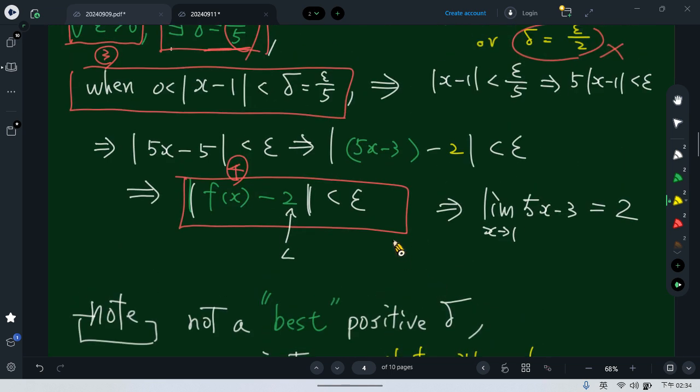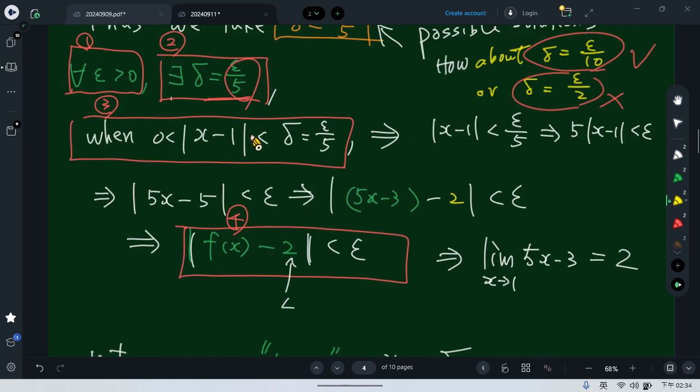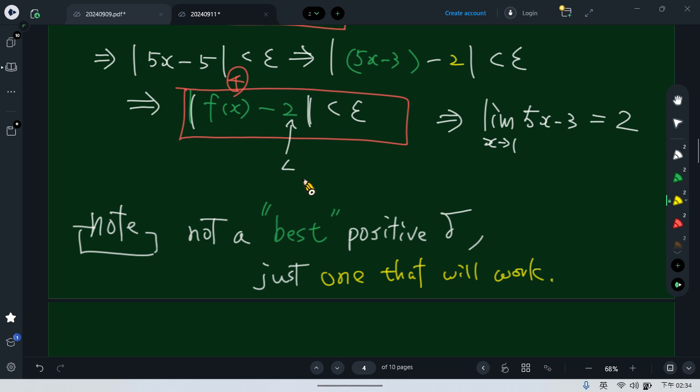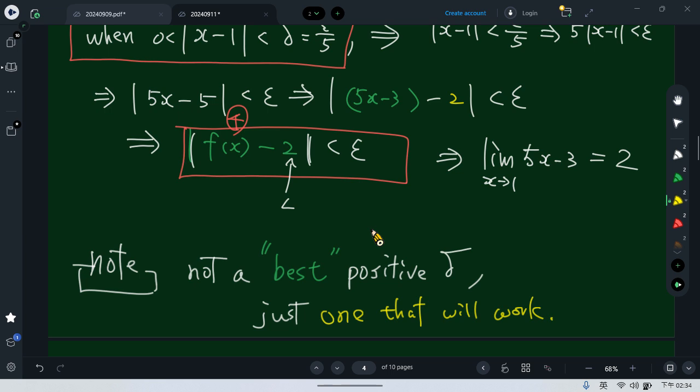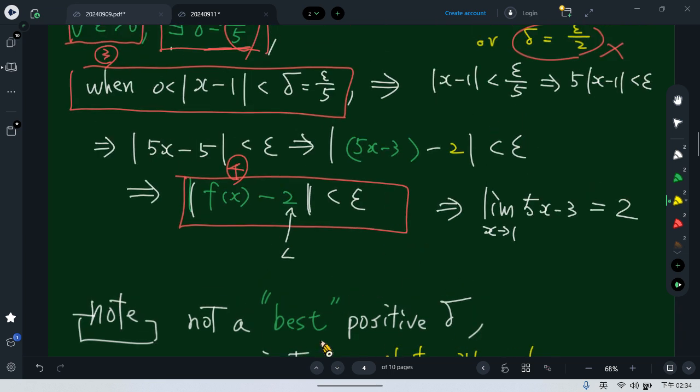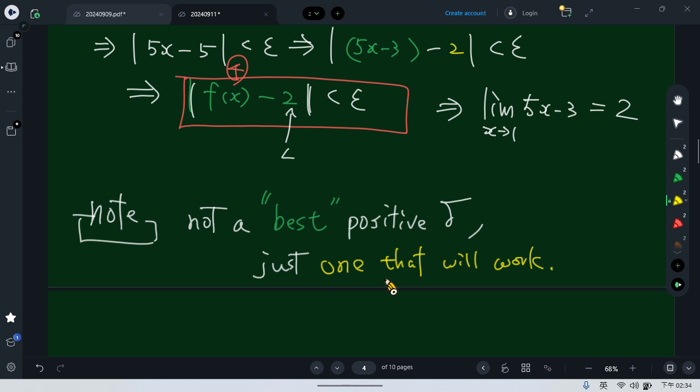So as I say, you can just find one. It's more than enough. So you don't need to look for the best solution. You don't need to try to find the best delta. If I can find one that will work, that will become workable, that is more than enough.